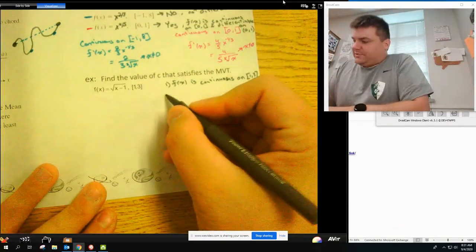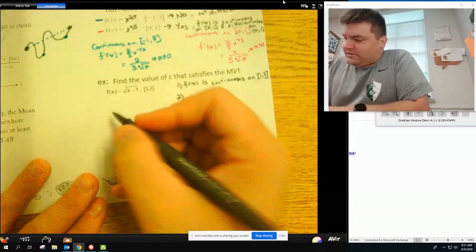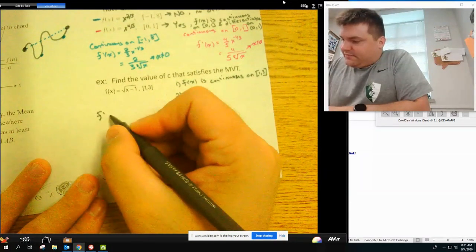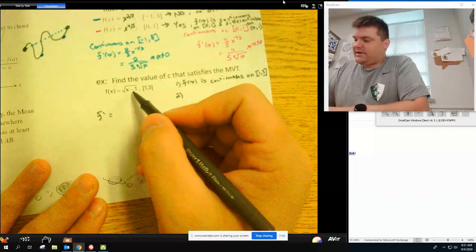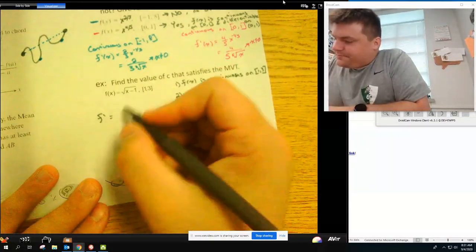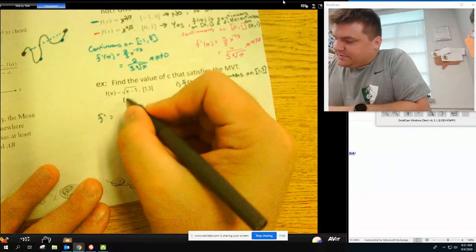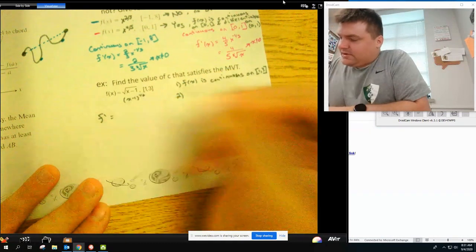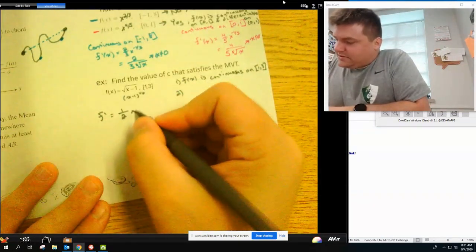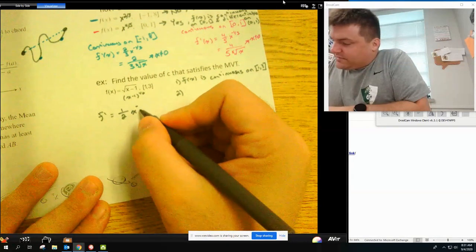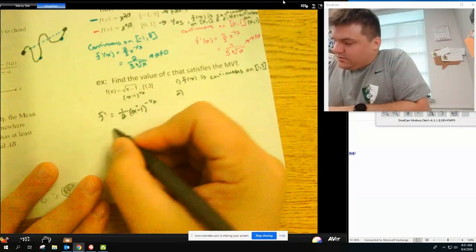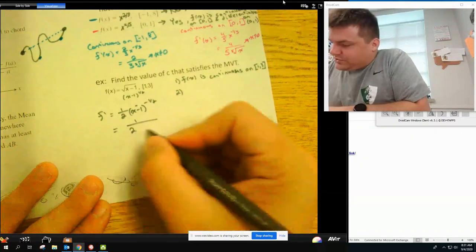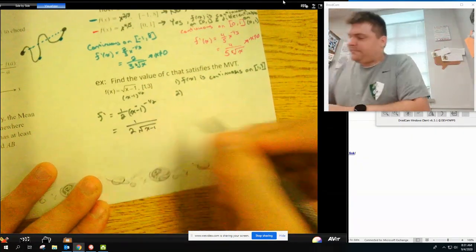Is it differentiable? If you don't know that, let's find the derivative over here. This is going to be a little bit of chain rule. It's the same thing as x minus 1 to the 1/2. So I'm going to get 1/2 x minus 1 to the negative 1/2, which is 1/2 square root of x minus 1.